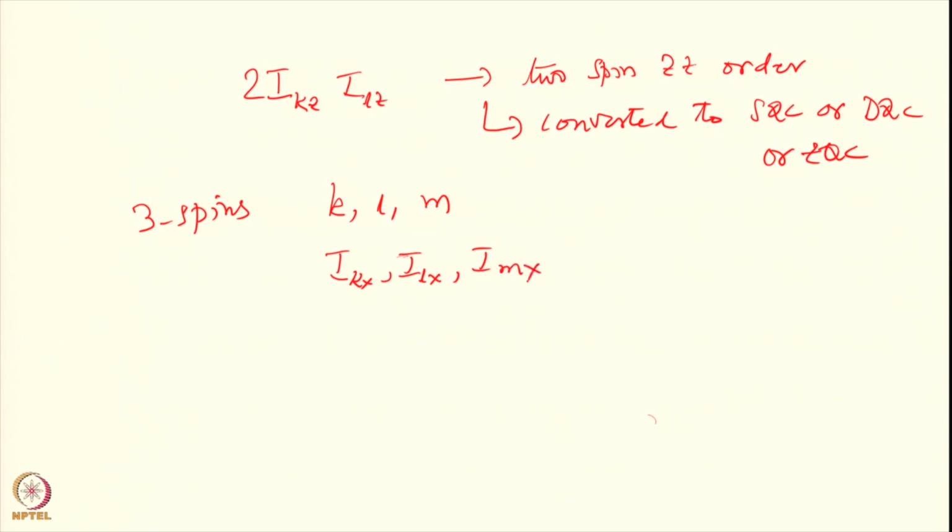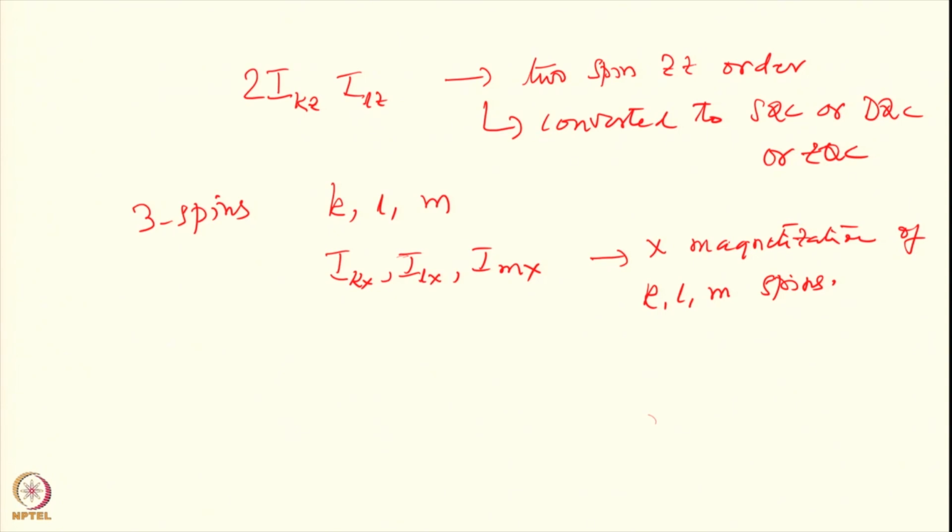These are all X magnetizations of K, L, M spins. Okay. And the two spin terms will also be available. You can make combinations of 2IKX ILZ or 2IKX IMZ and so on and so forth. So, there will be 2 spin terms also there.